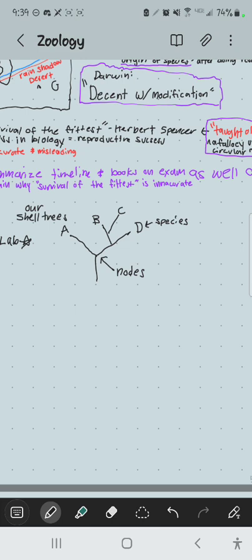Which species is this? B. And how many traits does B have? 9? So there's no way that... A has 9, B has 10. So there's no way that B can have 9 traits in common with A, because A has one that nothing else has, right?